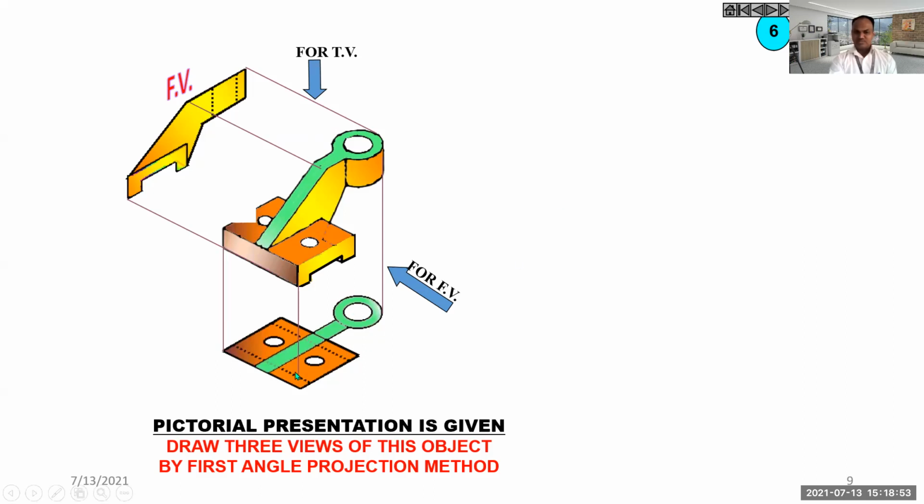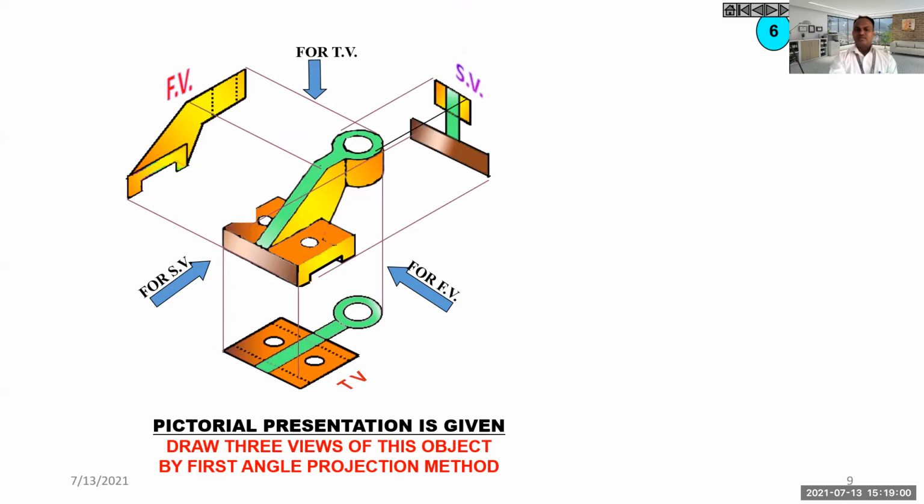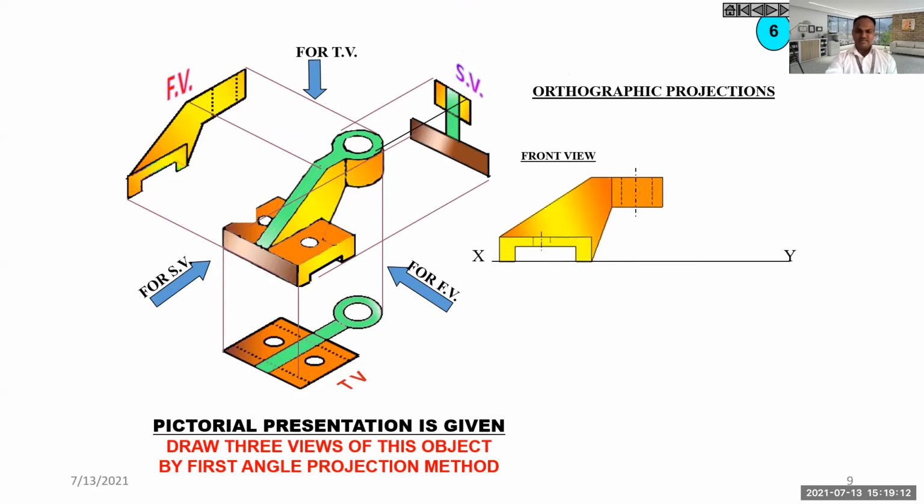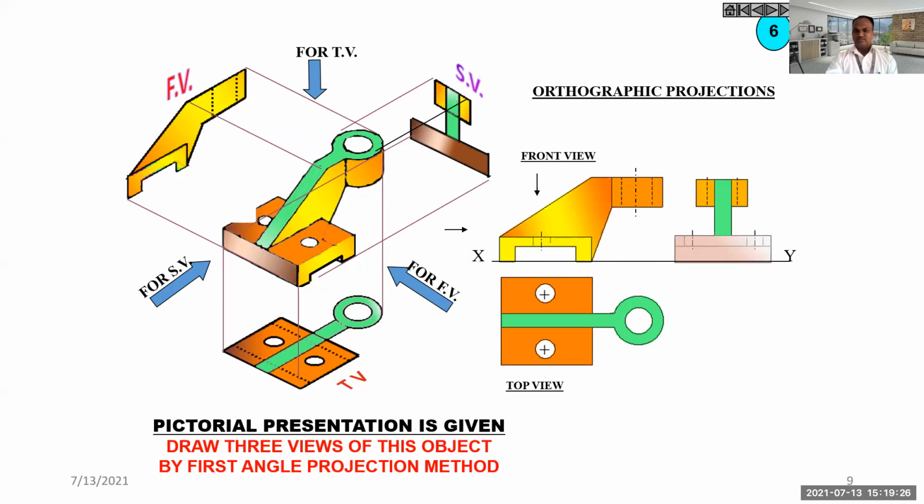So in top view, you can see the rib like this. And in side view, you can see this portion, and this circular portion as a rectangle. So only one view will give you the exact idea of circle. All other views will be seen like this. That's why we have to draw center line and dotted lines to show the circular portion.